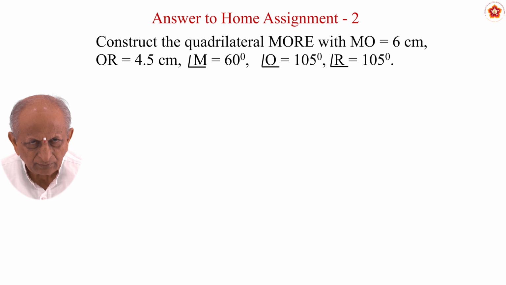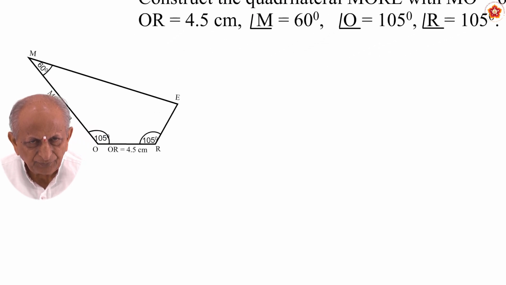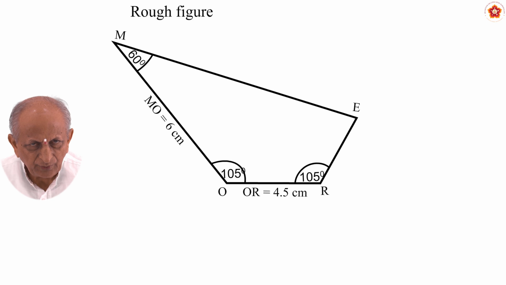Quadrilateral means what? A plane figure having 4 sides, 4 vertices and 4 angles. Is it not? To construct a quadrilateral, we require 5 elements. Now here 3 angles are given, 2 sides are given.